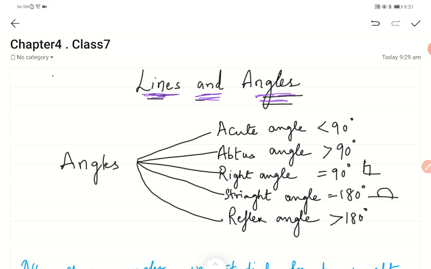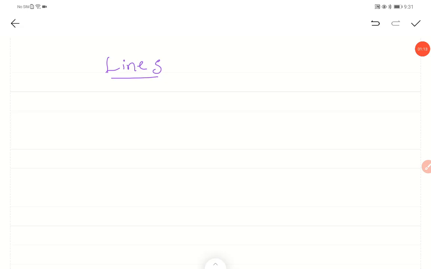So what do you understand by a line? A line is just something when you draw like this. And if you give points at the ends of this line, you call this a line segment.